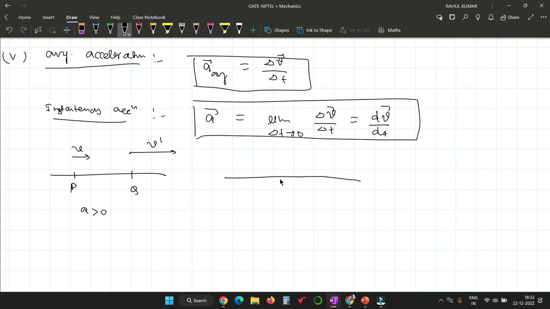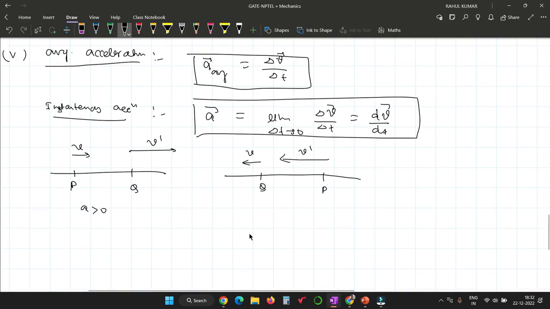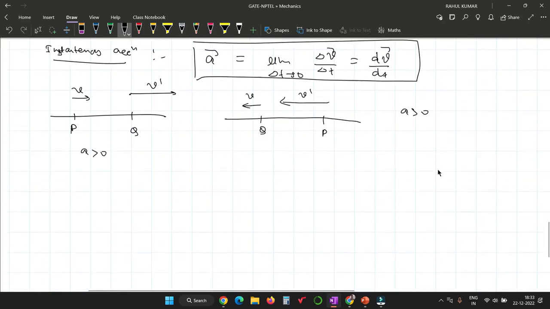And if the final position of the particle is at Q, and the final velocity is like this and the initial velocity is like this, then in this case acceleration will also be positive.